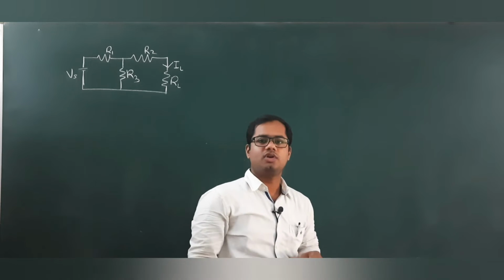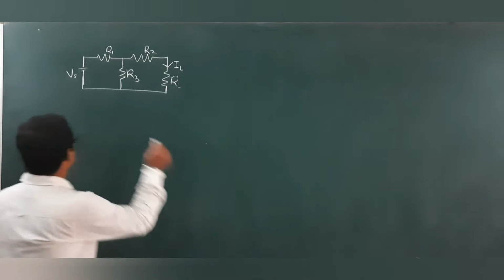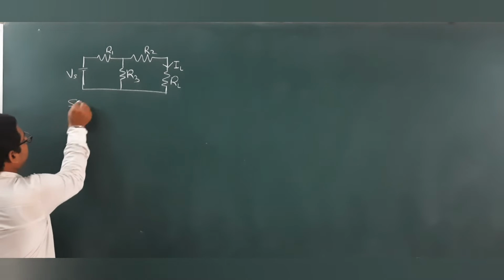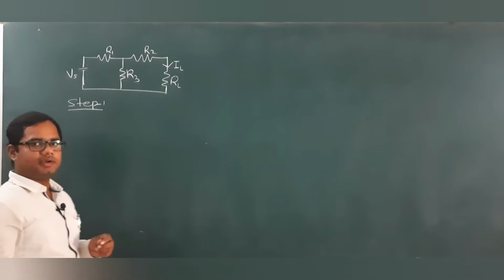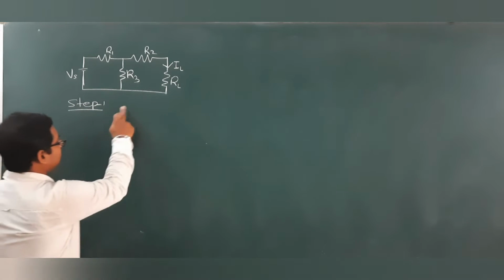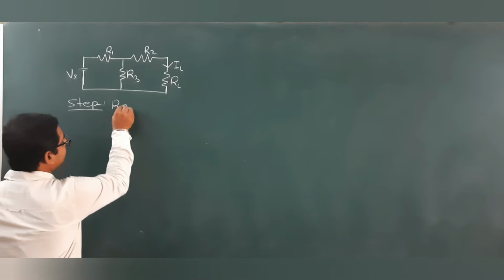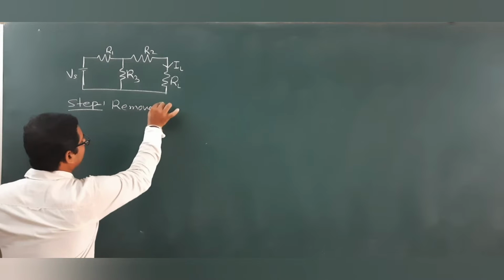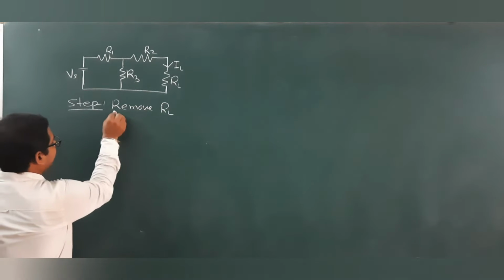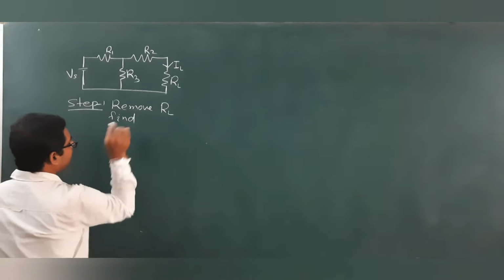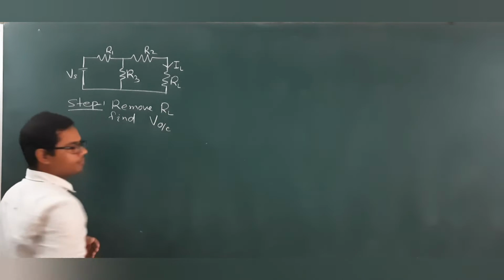For solving this theorem, a number of steps are there. In the superposition theorem also we took a number of steps. So here, step number 1. In step 1, you have to remove RL, the load resistance, and find the open circuit voltage VOC.